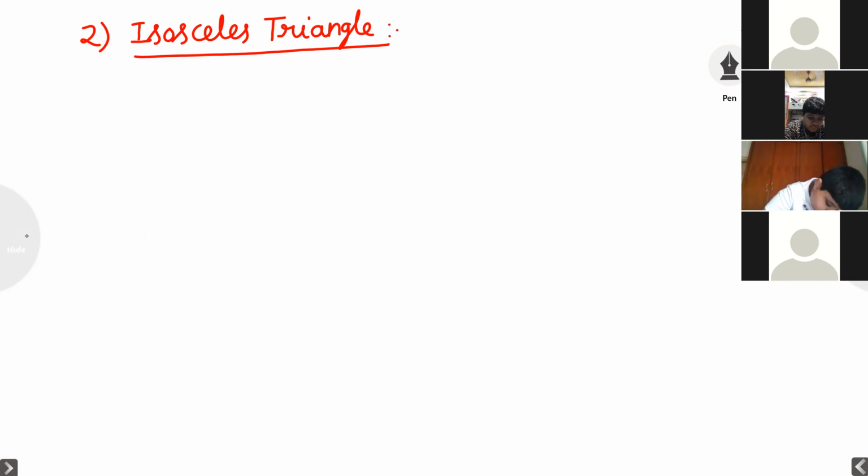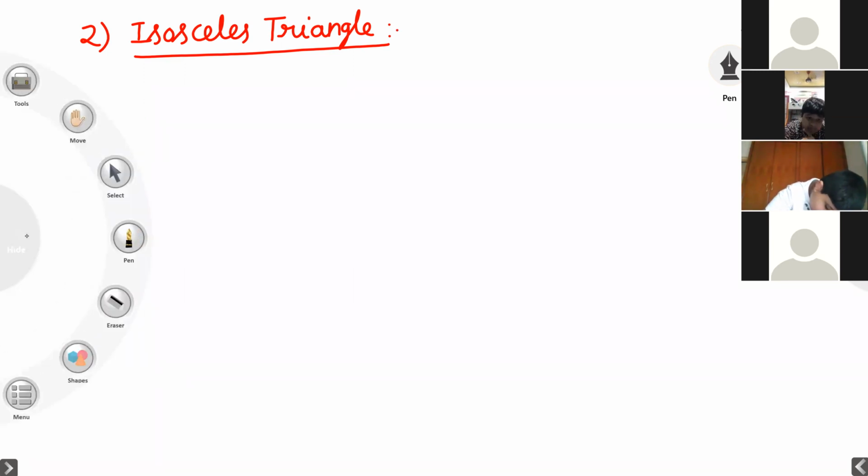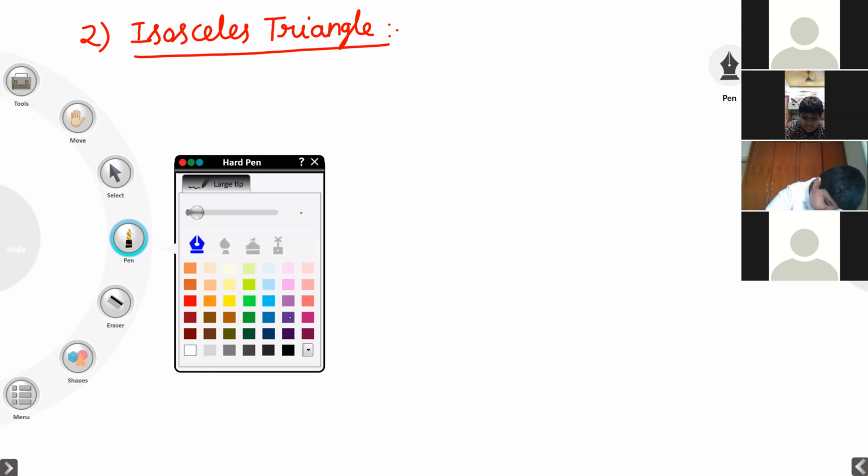Iso means two sides will be equal, that is called an isosceles triangle. Note down the concept.